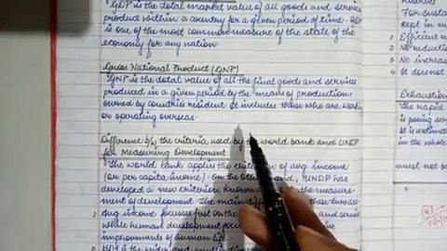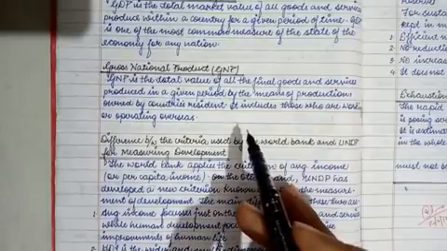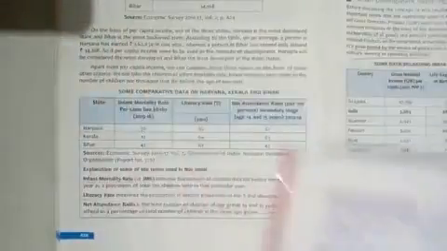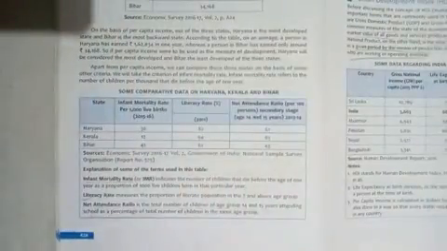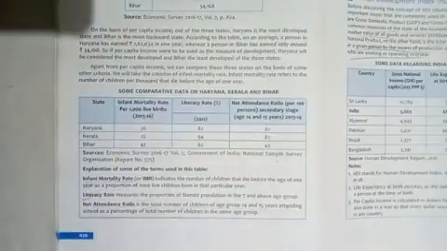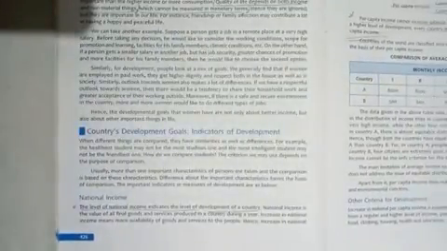Now I am giving you some homework, just to study from your book. I have told you about gross domestic product, GDP, GNP, national income, per capita income, this kind of thing. Now there is homework for you to study from the book. Come to page number 427.